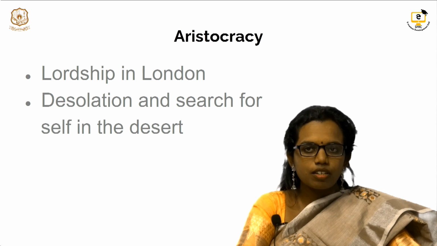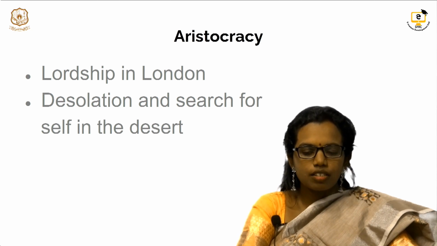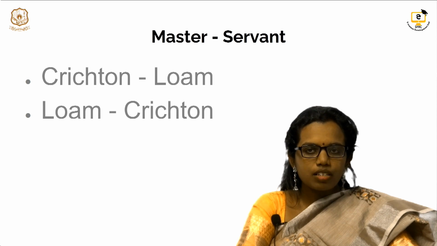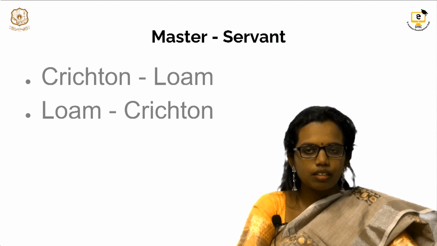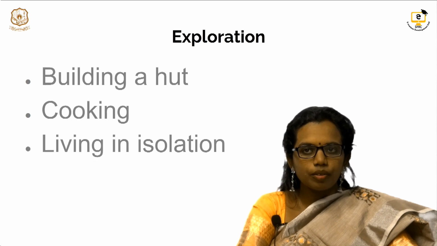His image and role as an aristocrat gets reversed on the uninhabited island when they meet desolation and search for self in the desert. And the theme of master and servant: Crichton as a master and Sir Loam as a servant on the uninhabited island, where it was just the opposite in the city of London.